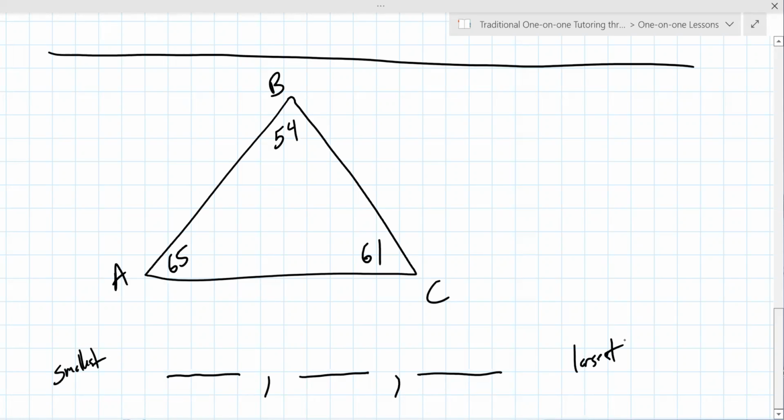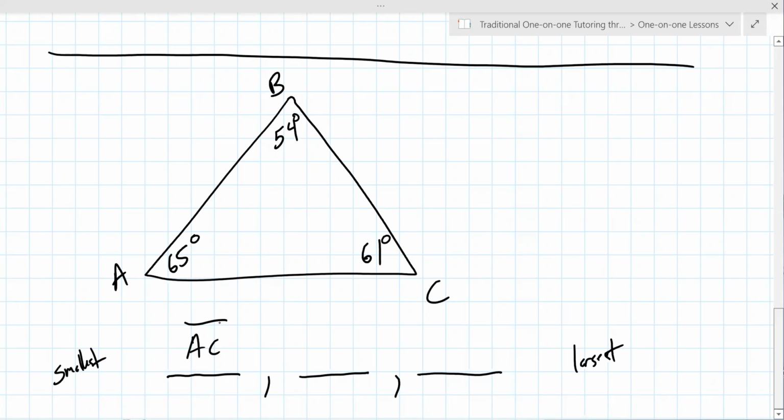BC. What is BC? 54 and 61. Which one is the smallest? It's angle B. Okay, so which side is across from angle B? AC. Okay, so that's the smallest.